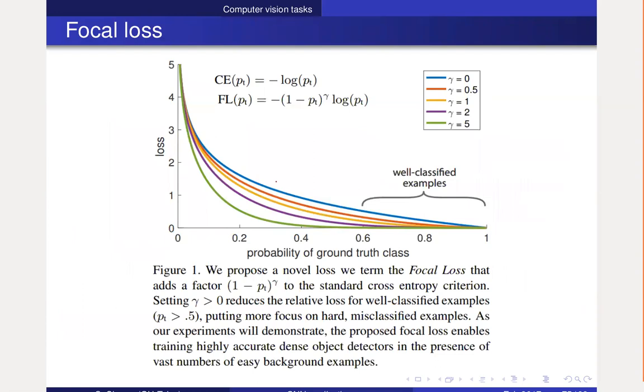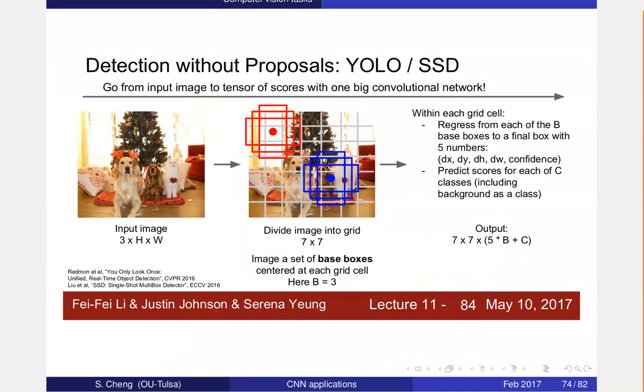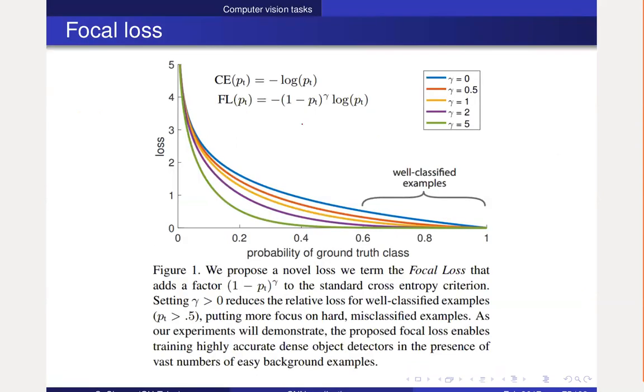One thing to mention about YOLO and SSD is that this kind of one-stage approach typically does worse than the two-stage approach. There's an interesting paper trying to address that. They think there's no particular reason why the one-stage approach is worse.